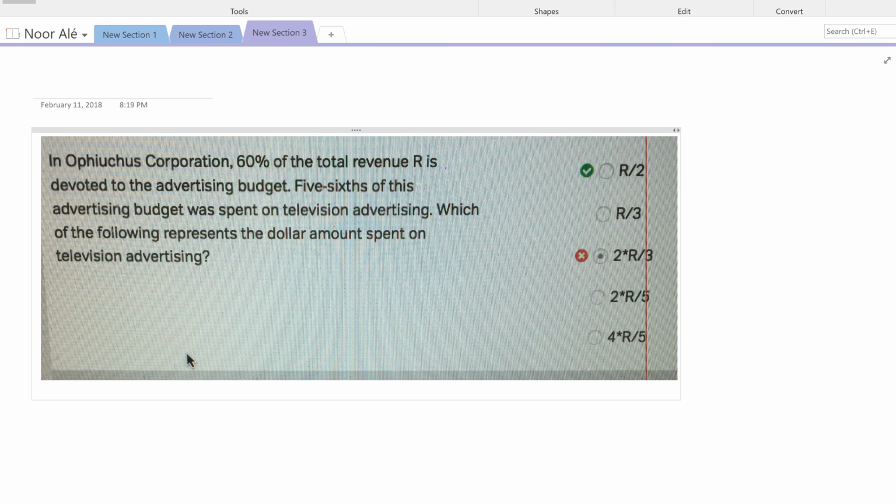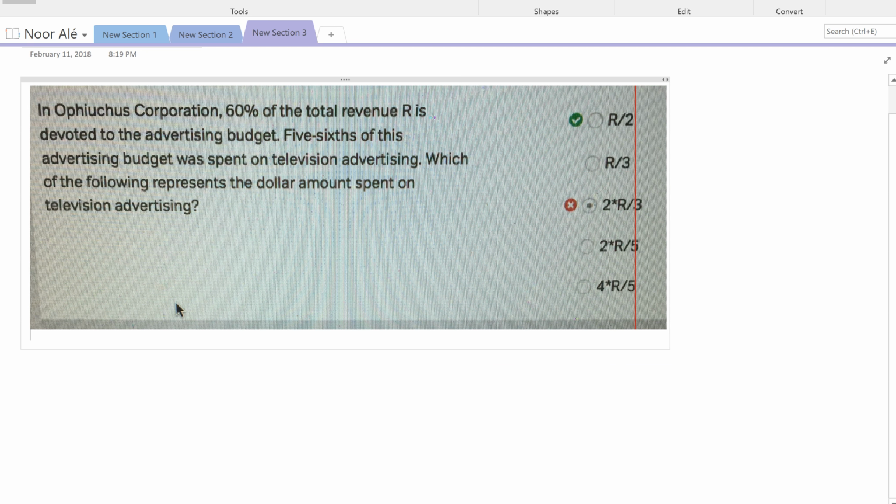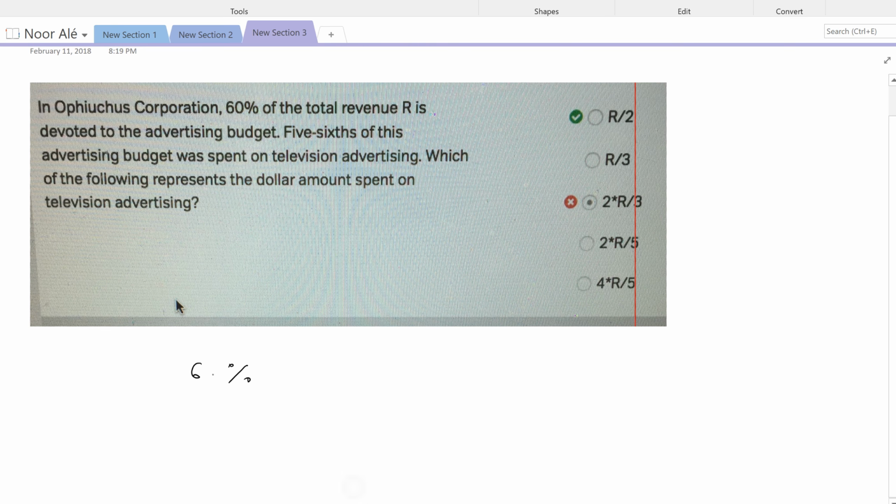All right. So this one: a corporation's 60% of total revenue is devoted to the advertising budget. Sorry, 60% is devoted to advertisement. So 60% of the revenue R is going to be spent on advertisement.